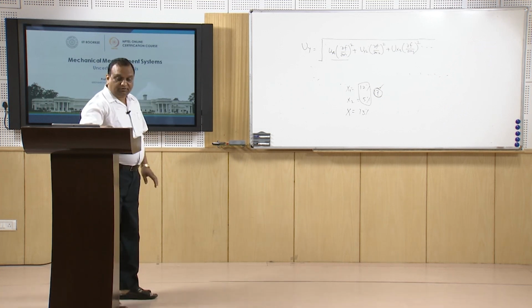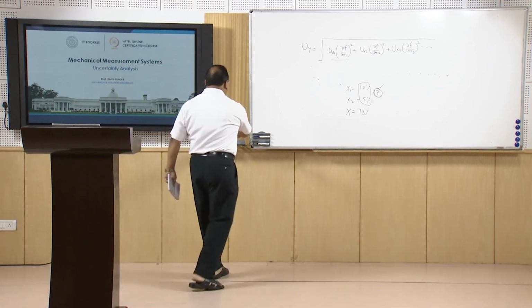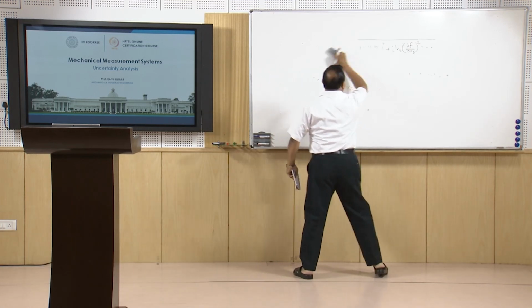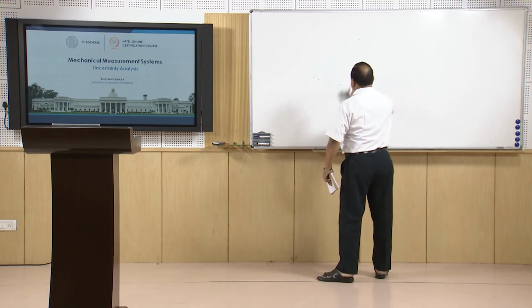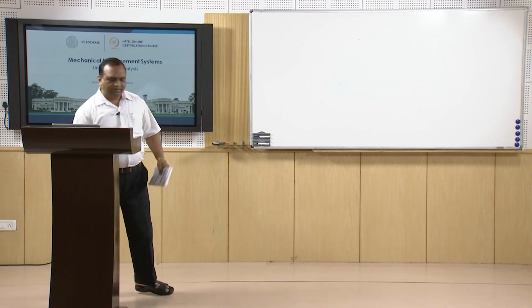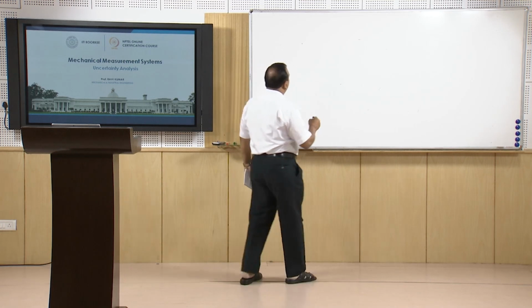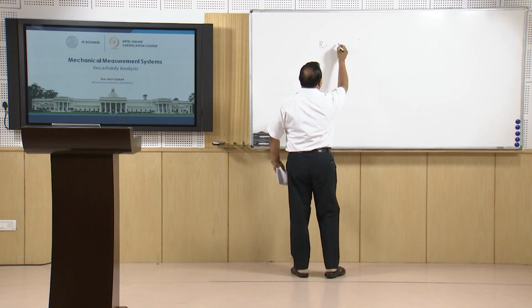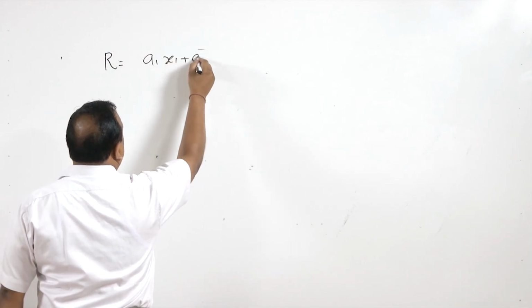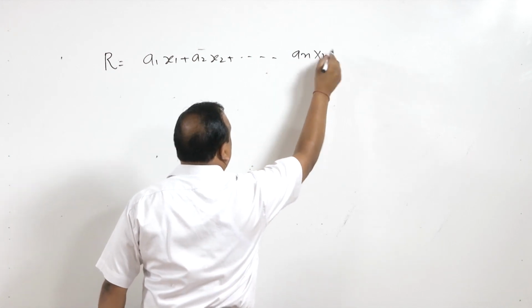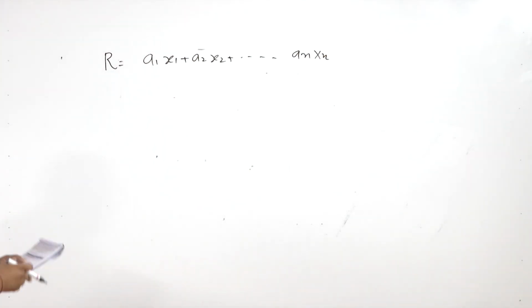And suppose now we will take certain cases. For example, there is a case of addition. Now R, there is some function R, which is a1 x1 plus a2 x2 plus an xn, right?